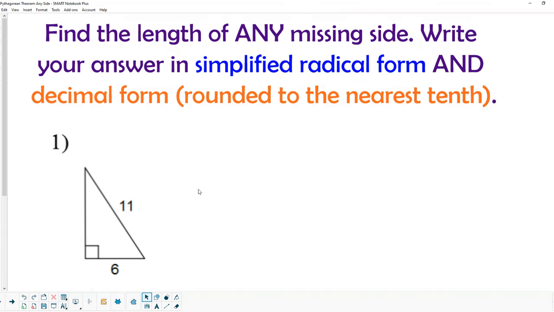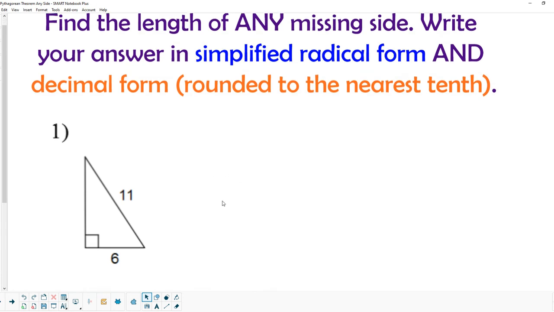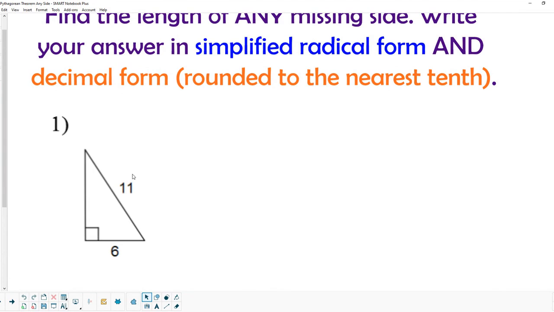So here's our first triangle. If you look at it very carefully, you'll notice that we do have the hypotenuse, and we also have the bottom. I like to call the side where you go up and down side A. So let me get my marker ready.